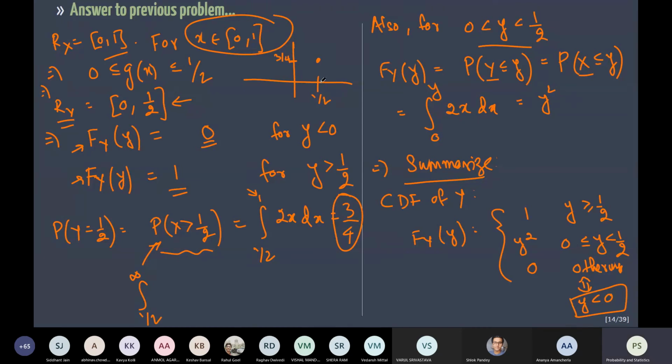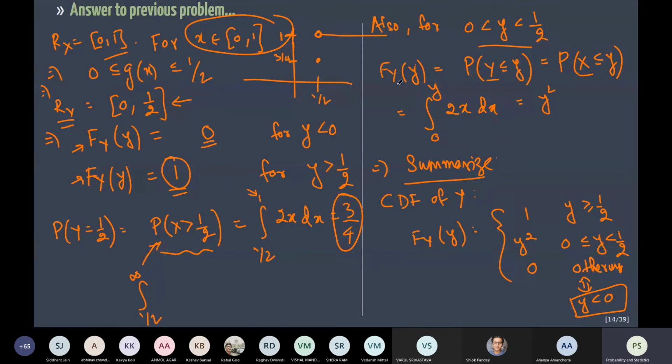For y greater than half, we are sure that it's 1. So it is somewhere here. This is not yet 1, so we are guaranteed that from here onwards. So there is a jump here. Now we are worried about what happens exactly at half. Greater than half, we are sure this is 1, but at half it is not taking the value 1, so I put a circle without a solid fill.